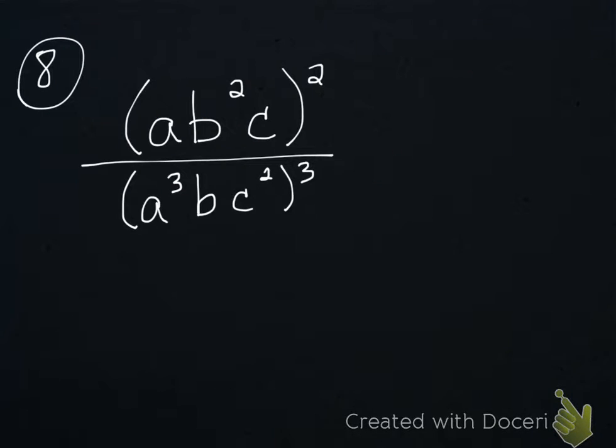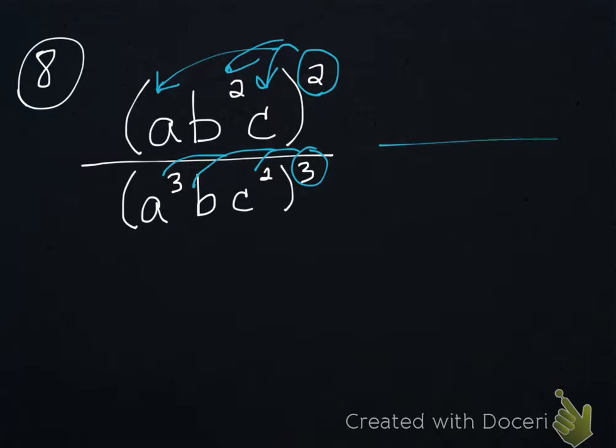Number 8. Okay, first distribute, then we can go through and divide. Everything inside that set of parentheses gets the exponent. Notice that the top exponent is different from the bottom exponent. So on top, a to the first becomes a squared. B squared becomes b to the 4th.